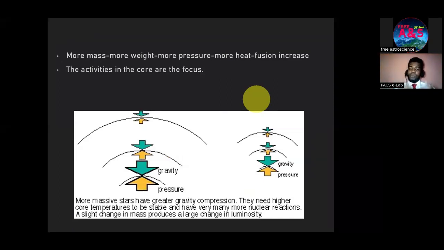That weight is going to generate pressure. You understand? Now, the pressure is what generates heat, and the heat is the fusion itself. So for a very massive star to be able to sustain its weight, it has to be fusing a lot of hydrogen fuel to generate enough heat to sustain the mass.